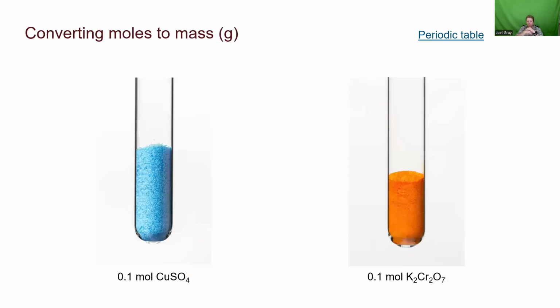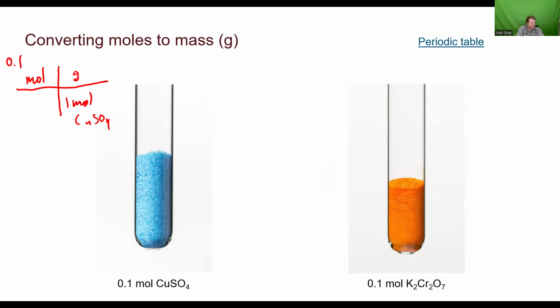What about when we take moles to mass? Well, in that case, we want to set up our dimensional analysis where it is moles multiplied by grams over moles. So I'm going to say 0.1 moles of CuSO4. 1 mole CuSO4, well, Cu. Okay, so I'm going to have to go back and forth through the periodic table.